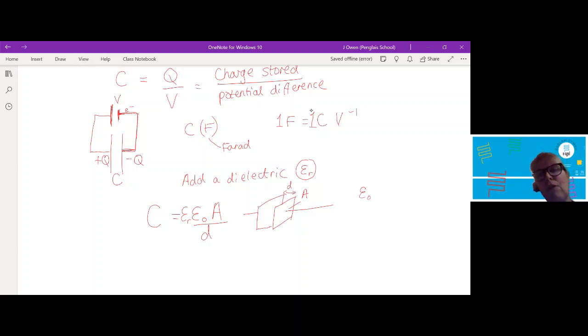So the permittivity of free space is the amount of farads per meter of air or of free space, and that's given as a constant, 8.85 times 10 to the minus 12. And that's given to you in your data booklets that you can refer to. So the relative permittivity tends to be a number greater than 1, so that it's multiplying the effect of the permittivity of free space.